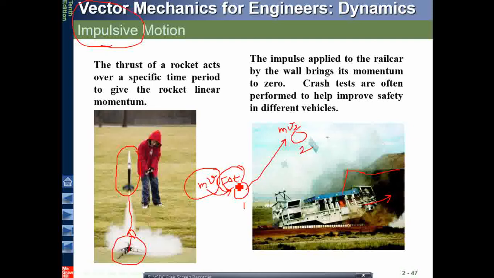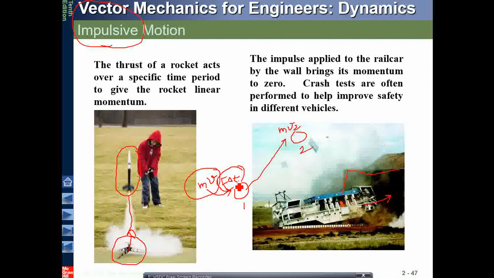Impulsive force is any force applied over a very short period of time. That is an impulse or a thrust force, and it moves the body from location 1 to location 2, and at location 2 it has a new momentum with the same mass of the football and a new velocity v2.